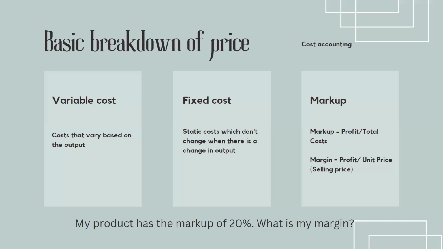Okay, this is quite important since you need to calculate the markup and margin interchangeably. So you may see questions about which could be variable cost and which could be fixed cost, and most importantly, calculation questions. You may need to calculate the markup based on the margin or vice versa. Okay, I will give an example later.